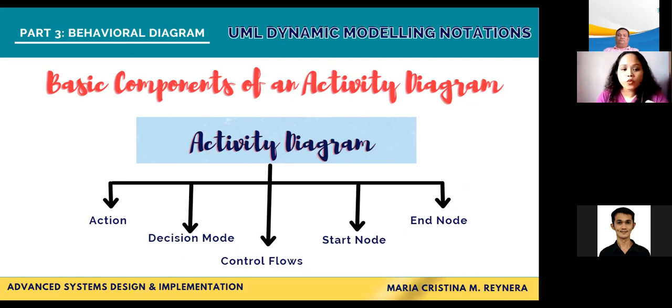To control the flow we use arrows, which we call control flows. The start node starts the diagram, and this time we use the bullseye symbol for it. Last but not least is the outlined black circle, which is the end node.